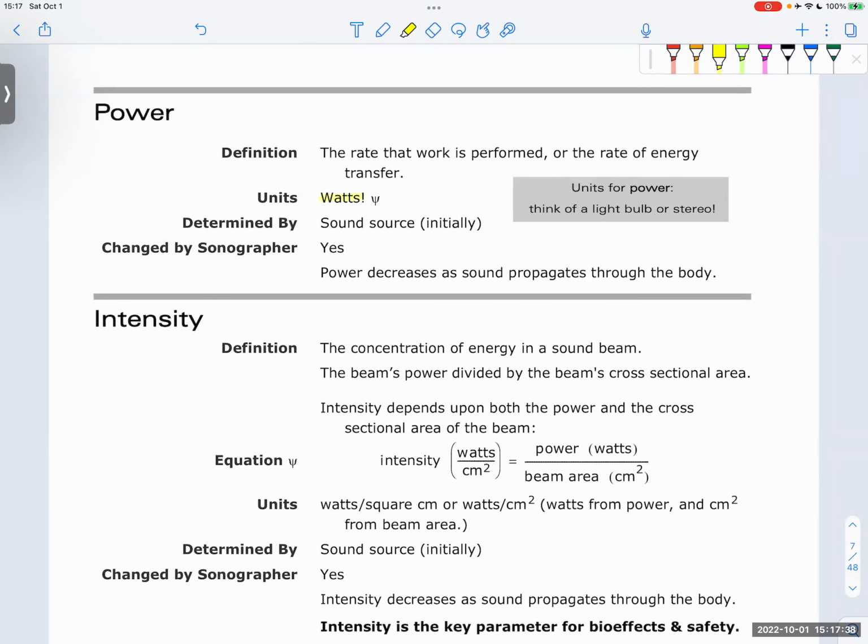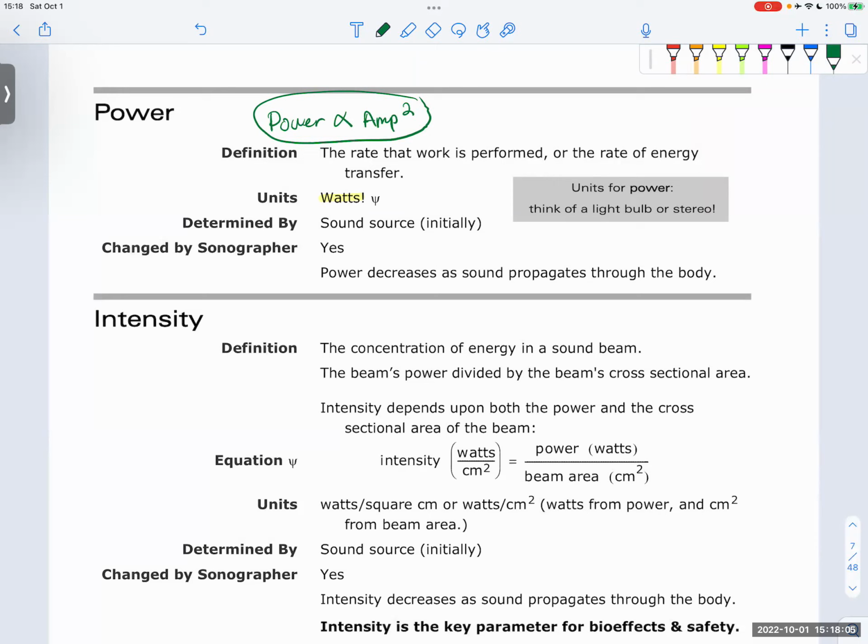And a very important concept, which is more like a relationship: power, we need to memorize, is directly related to amplitude squared. So the amplitude of that sound wave we mentioned before, if it goes up, the power will go up.